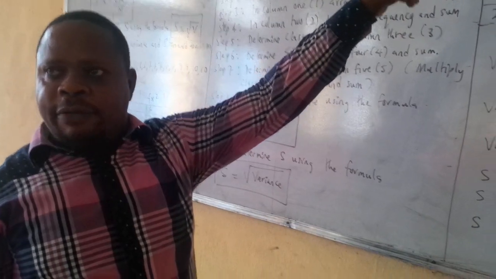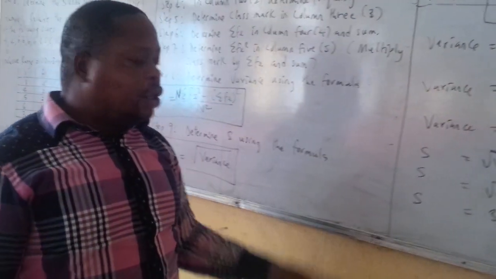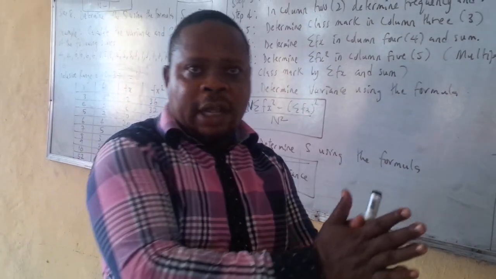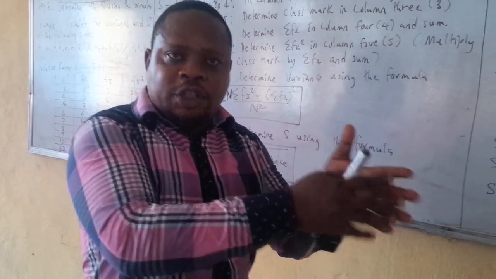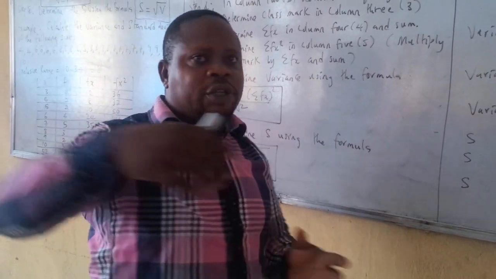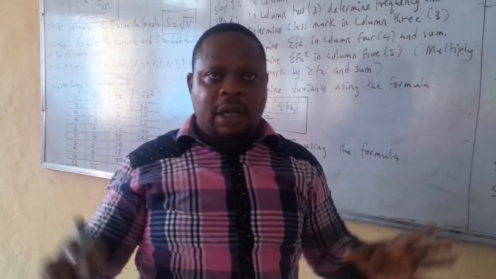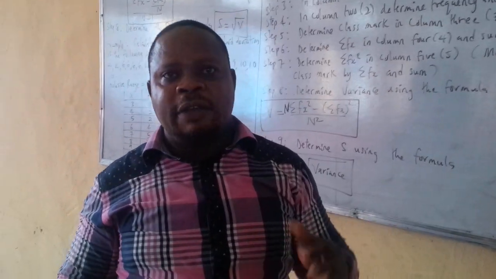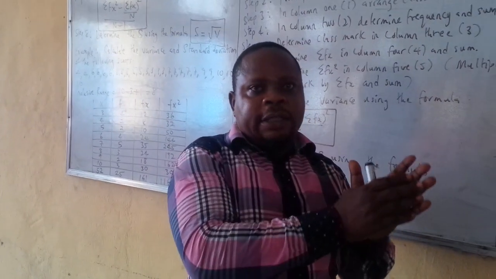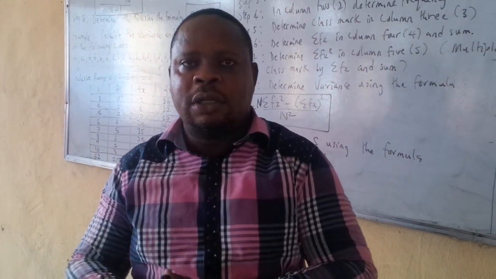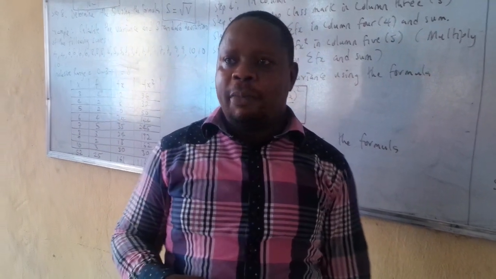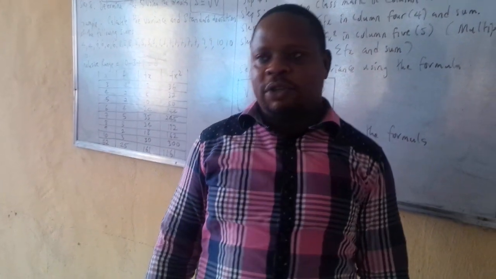Okay? The standard deviation is often interpreted alongside the mean. Where the mean is small and the standard deviation is large, if it is in the classroom setting, it signifies a very poor performance. But if the mean is large and the standard deviation is small, it shows a superlative performance, a good performance from the student.